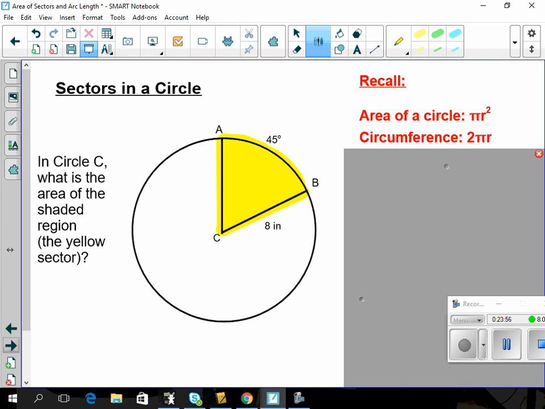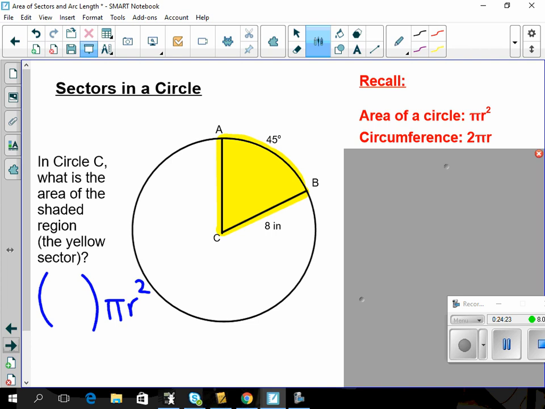We do, don't we? So I don't want the area of the whole thing, I want area of part of it. Does that make sense? So when you talk about finding the area of the sector, this is kind of like the formula. It's whatever the fraction is, the part of the entire area.